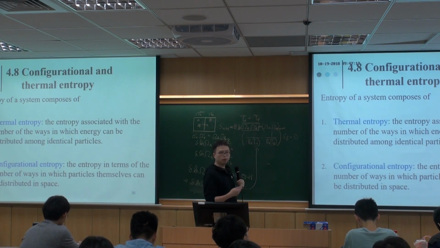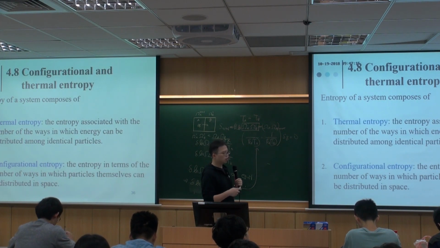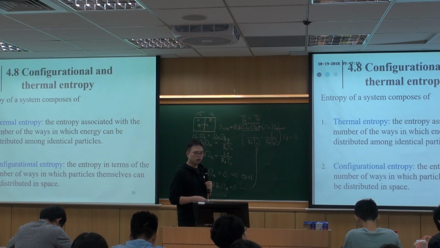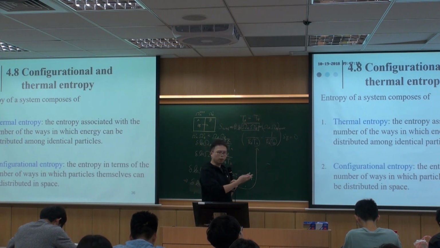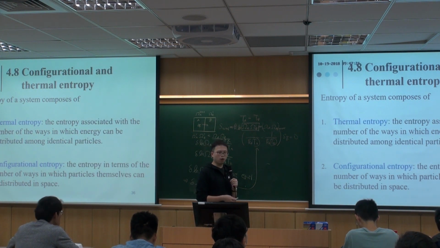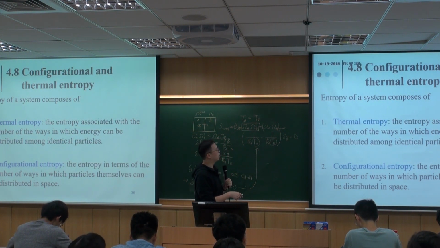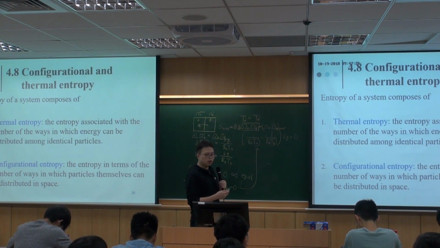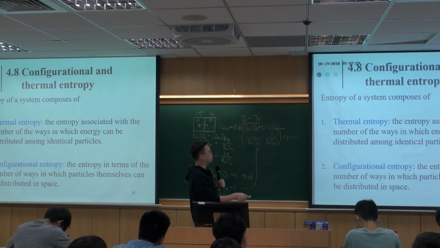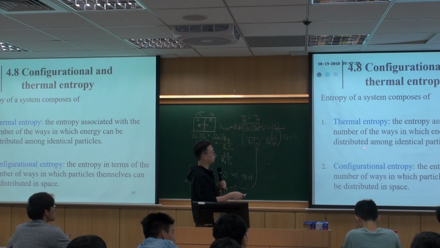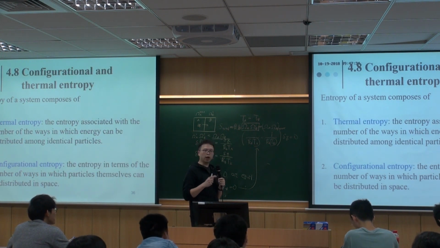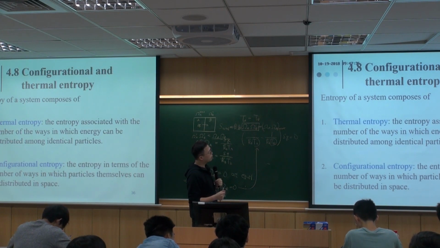One of them is the thermal entropy. The other one is configurational entropy. So, from the meaning of these words, it's very straightforward, right? Because the thermal entropy means that it's only related to the number of ways that those energy can be distributed among identical particles. So it means that it's related to energy distribution.